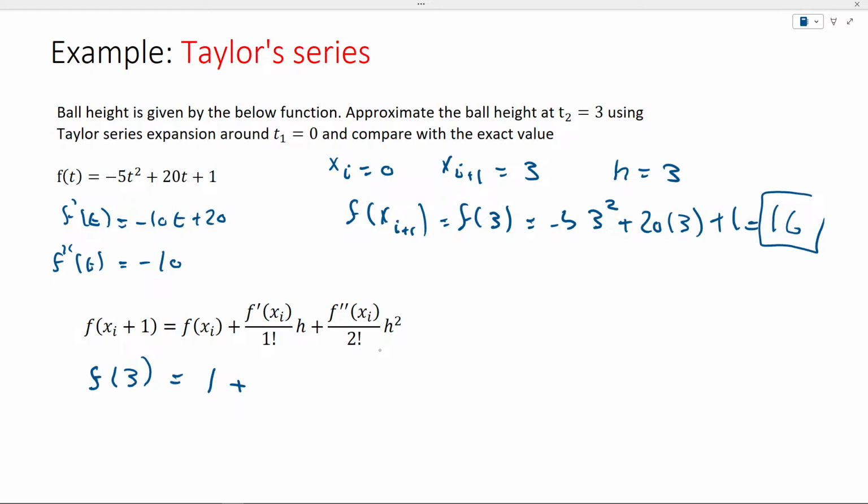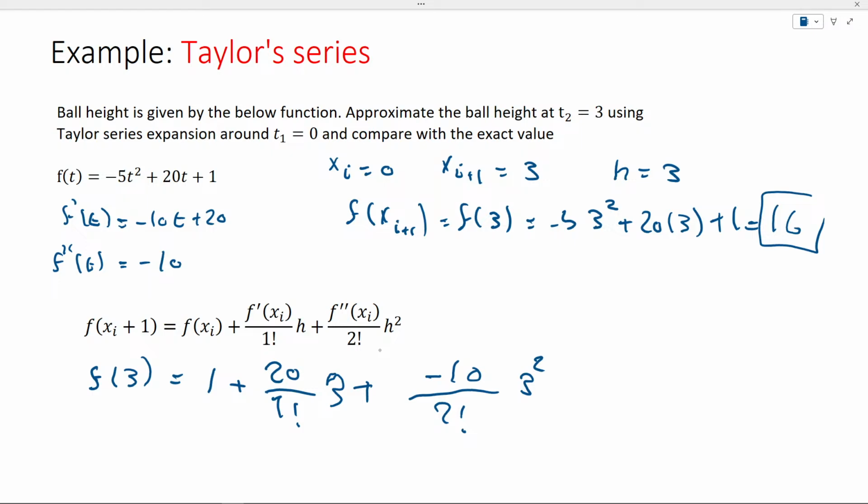The first derivative at x_i equal to 0, I will get 20, divided by 1, times h. What is h? That is 3. Plus what is the second term? That is minus 10 over 2, times 3 to the power 2. So if I did this, what do I get?